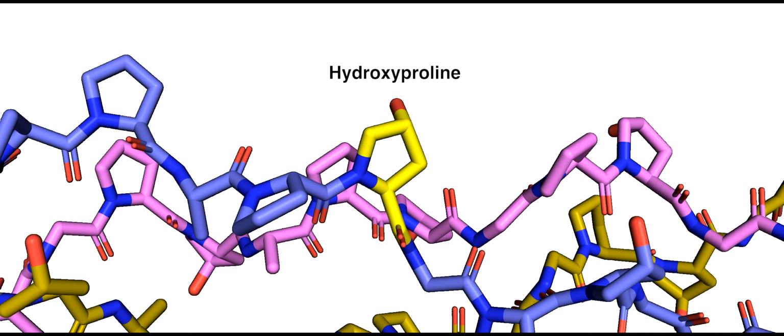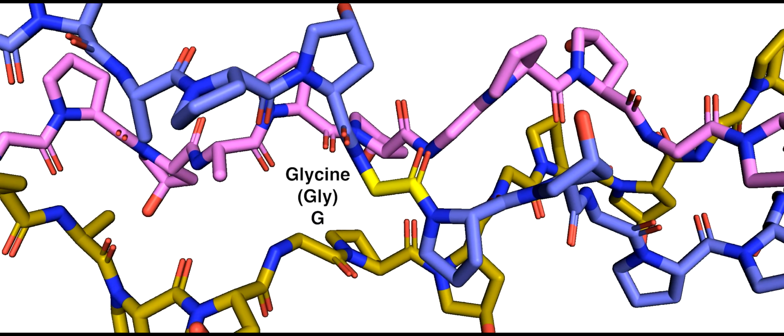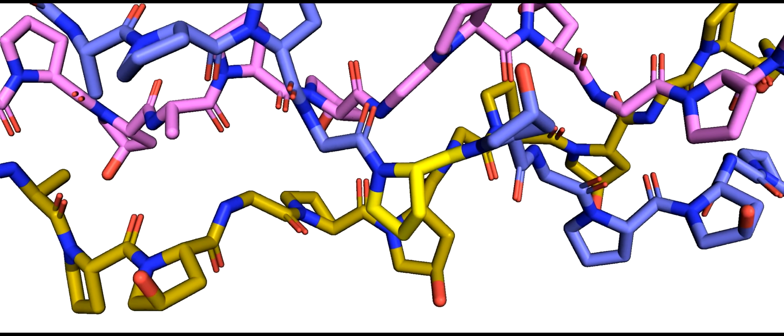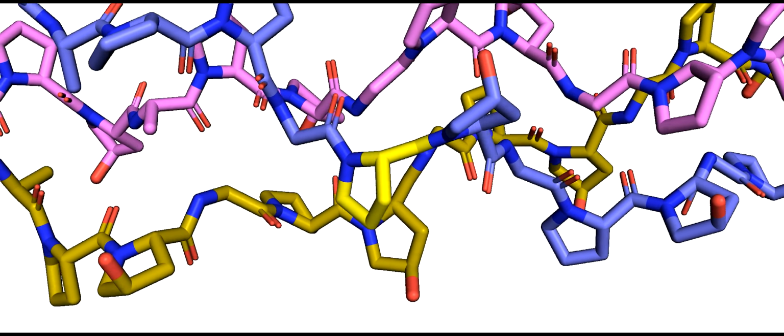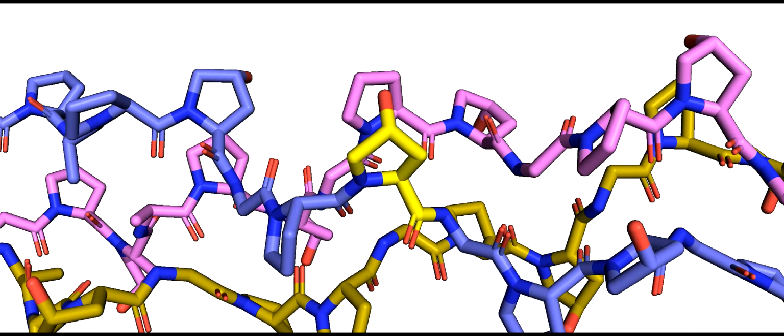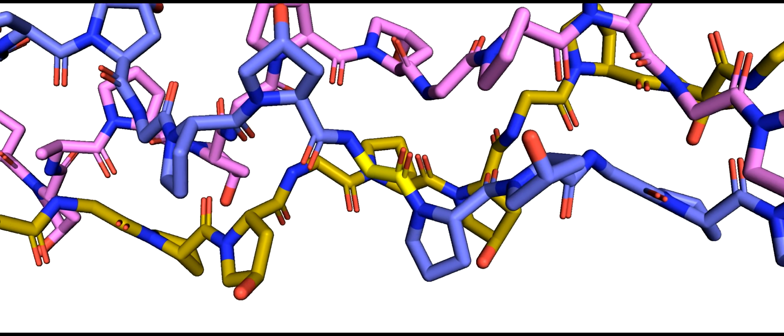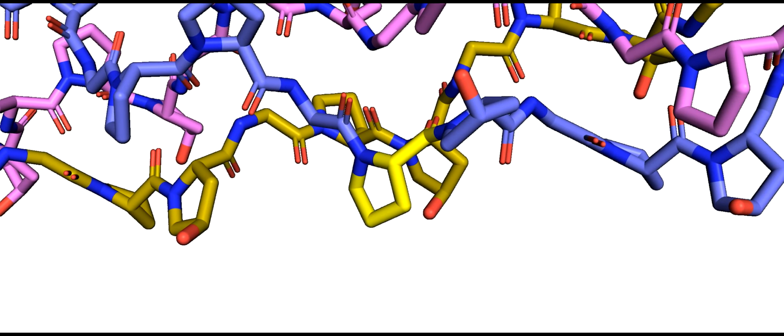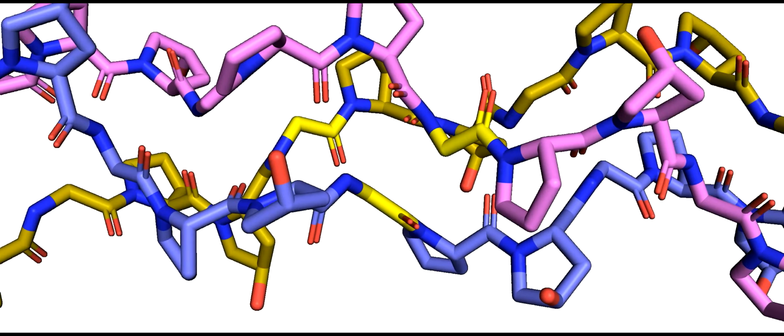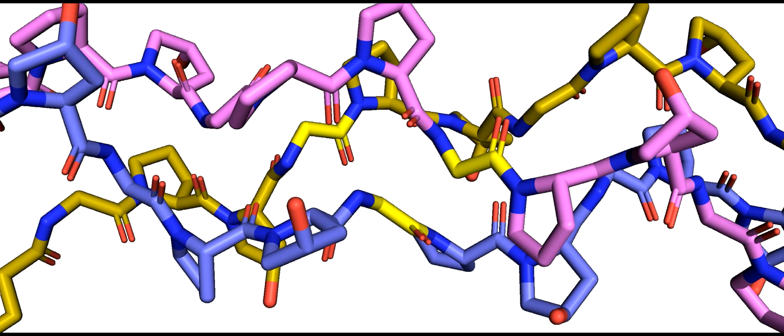So we see here that we have a hydroxyproline, followed by a glycine, followed by a regular proline. And that's followed by a hydroxyproline, then another glycine, then a proline. And these glycine residues are actually really important for maintaining that triple helix. So we can see here 3 glycine residues highlighted in yellow, all on different polypeptides in this triple helix.